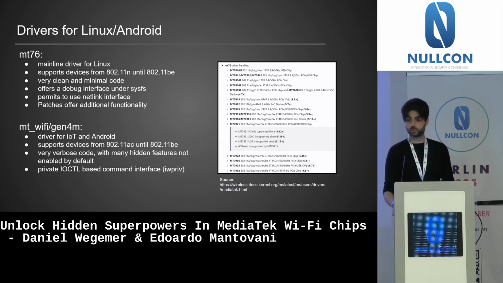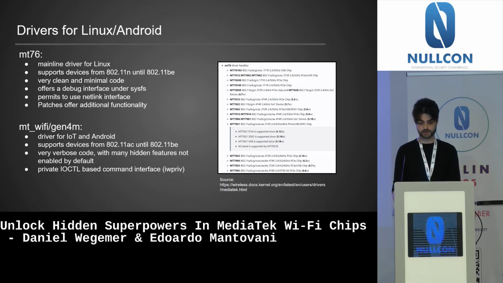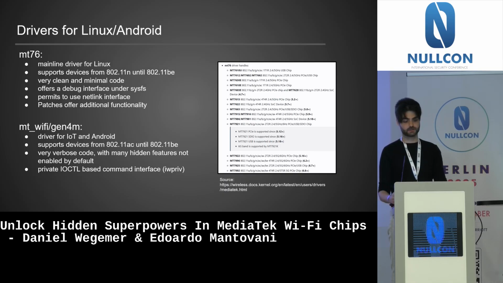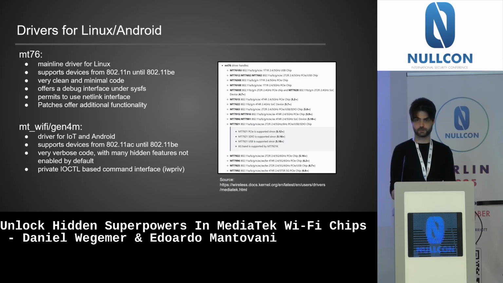If we talk about drivers for Linux and Android, we have two main distinct drivers. The first one is called MT76, and it is the mainline driver for Linux. It supports almost every device ranging from Wi-Fi 4 up to Wi-Fi 7, which is the latest one.